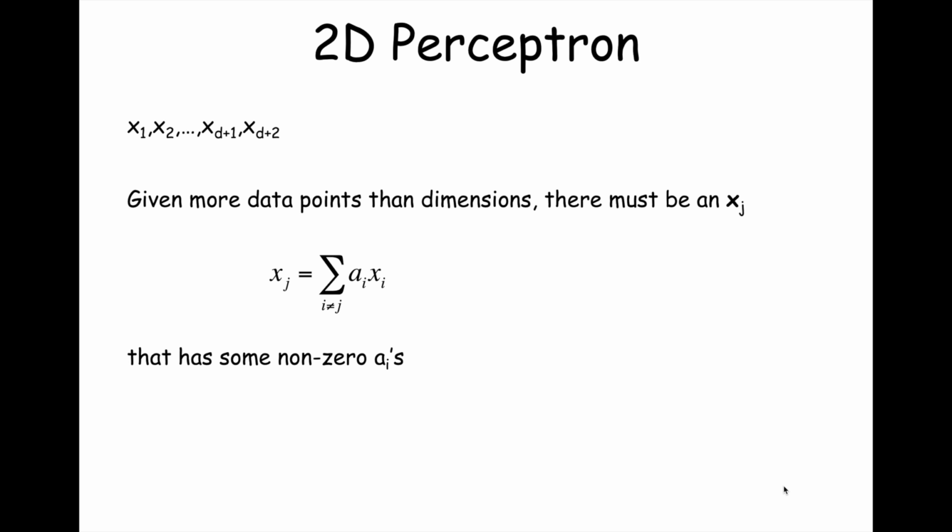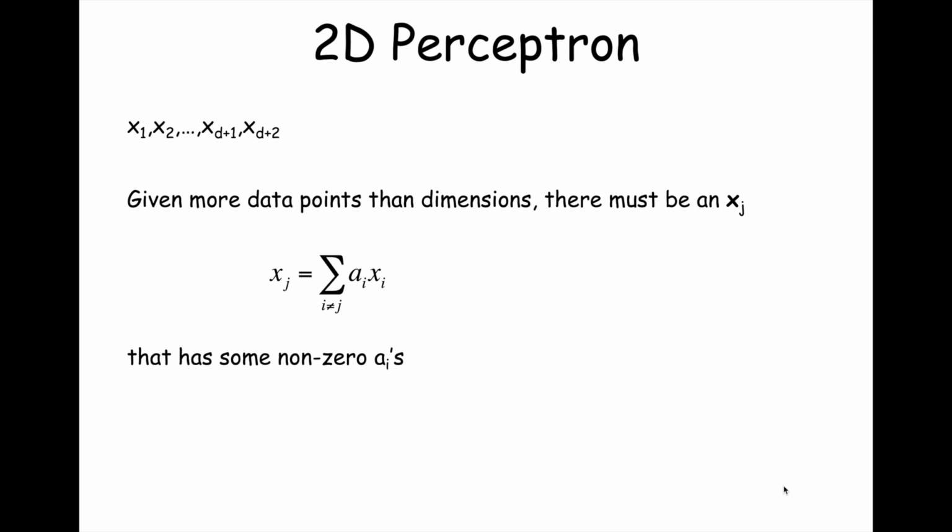Okay, so we have xj, that's our synthesized point, I'll call it that, just to give it a name. xj is one of these d plus 2 data points, and because we have more data points than dimensions, we can construct xj by a linear combination, a set of weights ai times all the other data points xi. So when you make these linear combinations to construct xj, xj doesn't have to be a linear combination of all of the other data points, right?